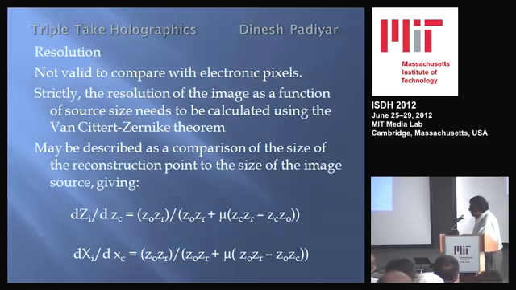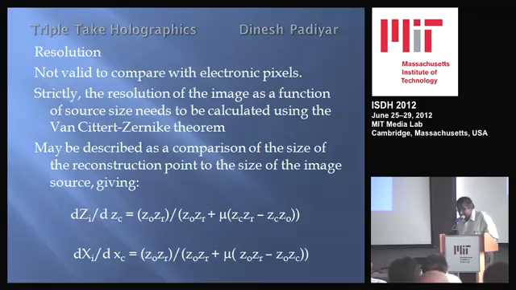The resolution of a hologram is not the same as the resolution of the holographic image. In that sense, the holographic image is a diffracted light field. We need to determine the resolution of the image in terms of the size of the source.